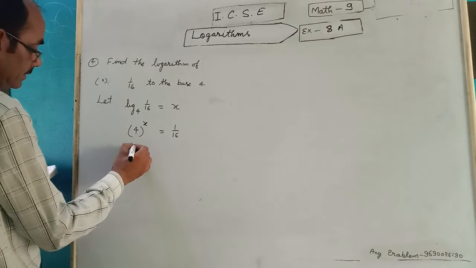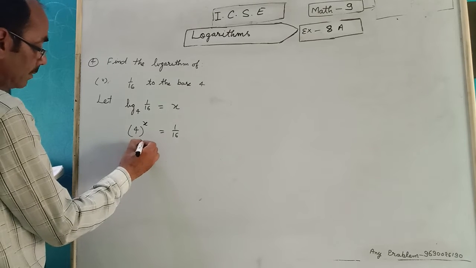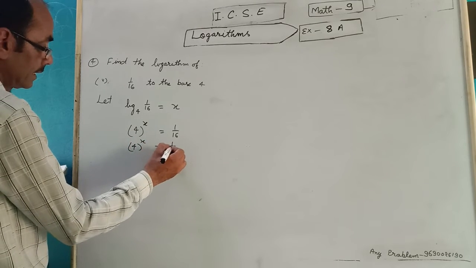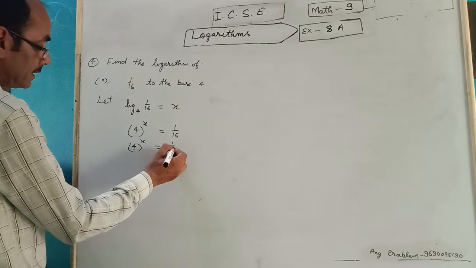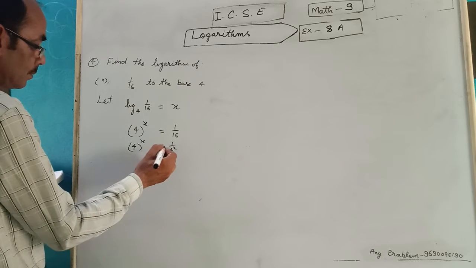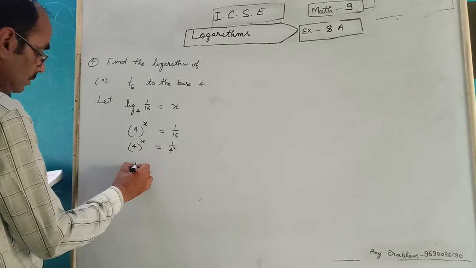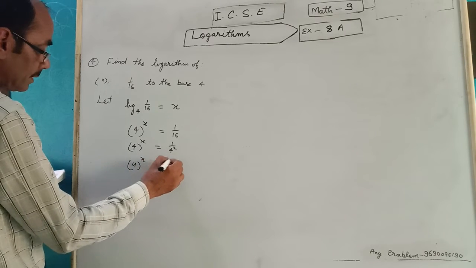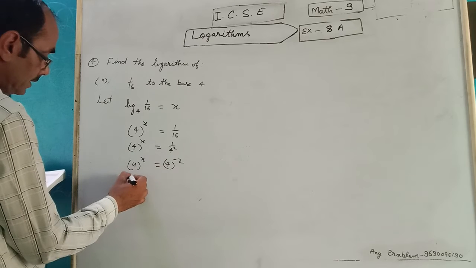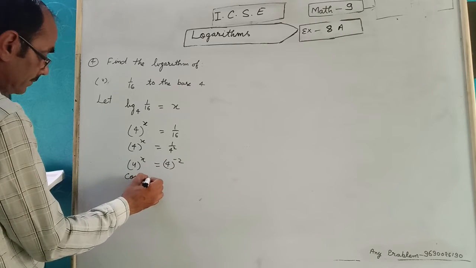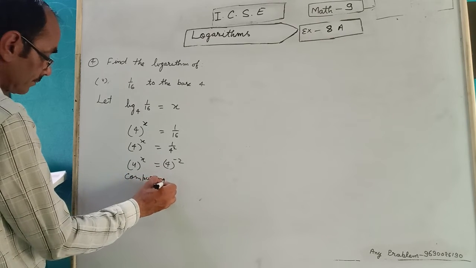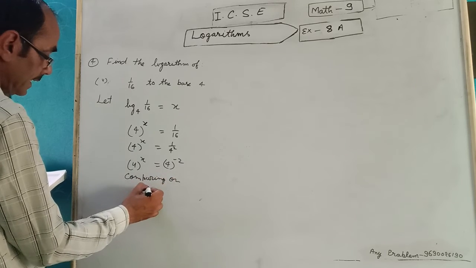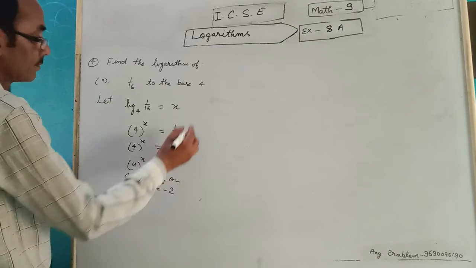Do the equal base. 16 factor 4 into 4, 4 as power 2. 4 as power x is equal to 4 as power minus 2. Comparing, x is equal to minus 2.